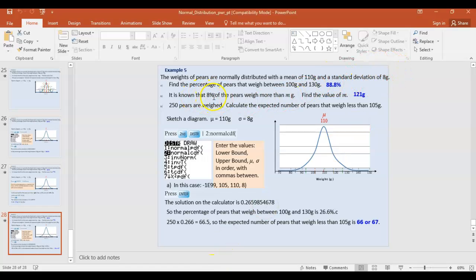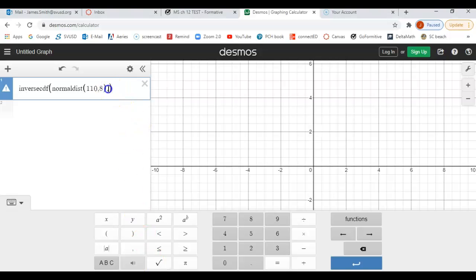They said there was 8% more than m, which must mean that there is 92% below m. So I put in 0.92 to represent 92%, and right here is my answer, 121.